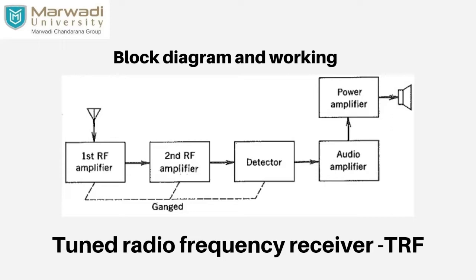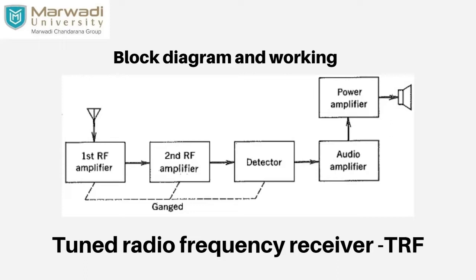We can say the drawback of the TRF receiver is that it only allows low frequencies to pass. If we want to pass high frequencies, like megahertz or gigahertz, it will not work properly.